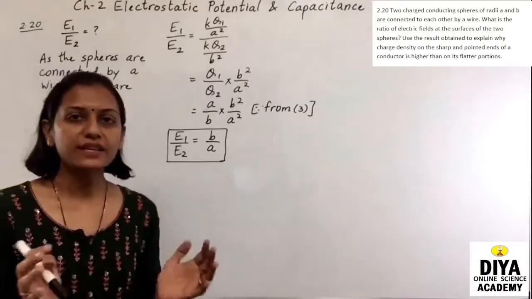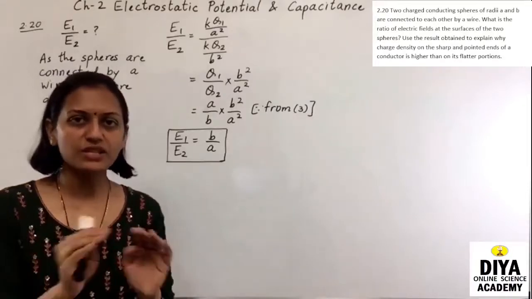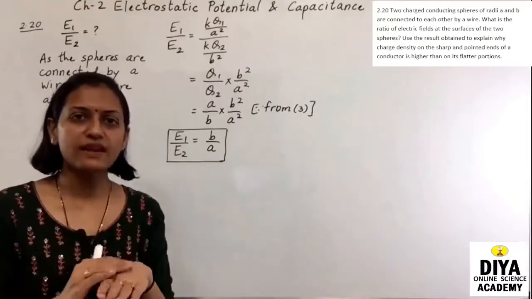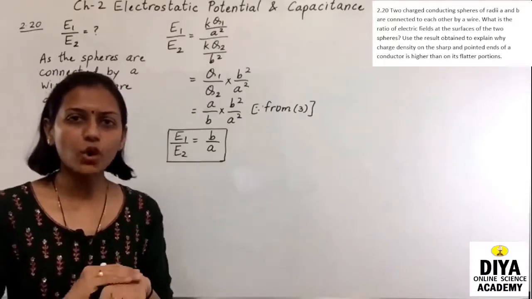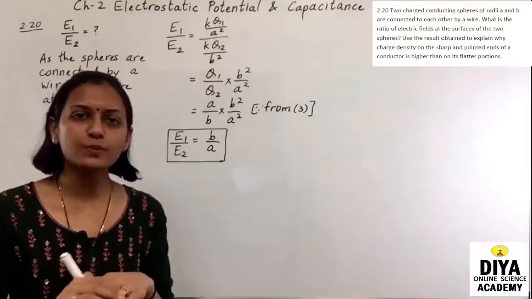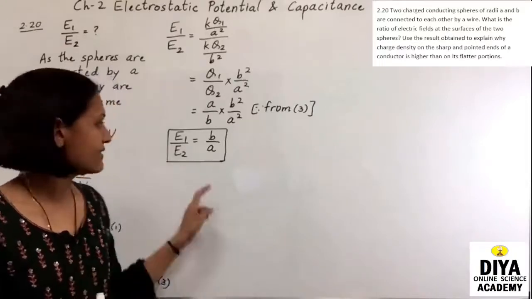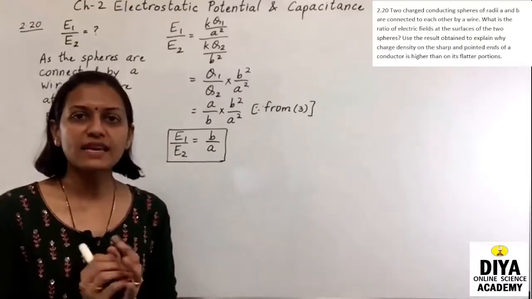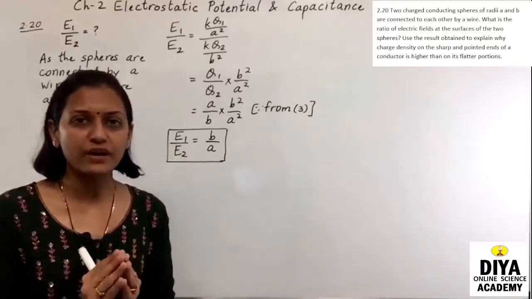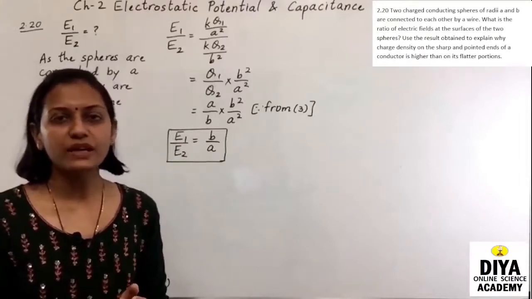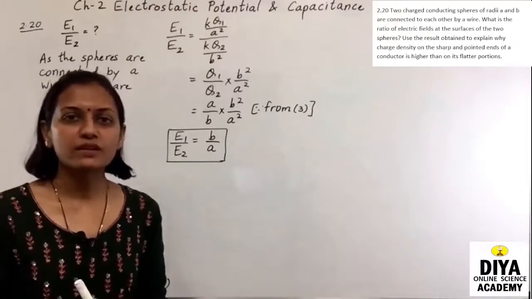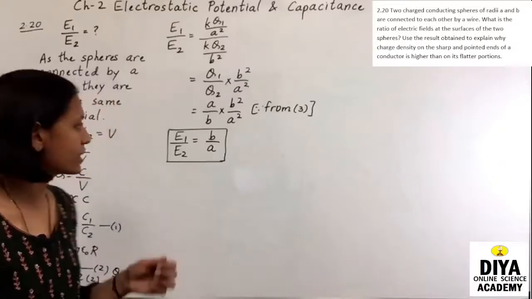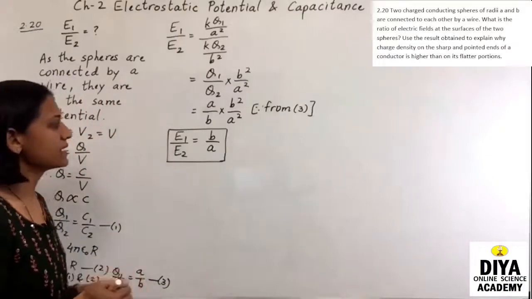So as the radius is larger, the flat surface is less curved, it will be having less electric field. And as the radius lessens, that means it becomes sharper, the electric field will become stronger. Okay, so that is the conclusion.